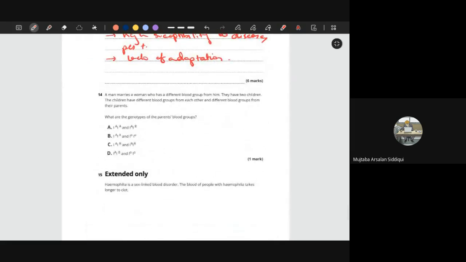Okay. A man marries a woman who has a different blood group from him. They have two children. The children have different blood groups from each other and different blood groups from their parents. What are the genotypes of the parents' blood groups?